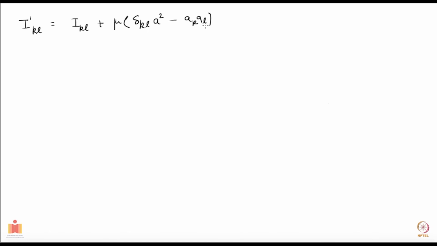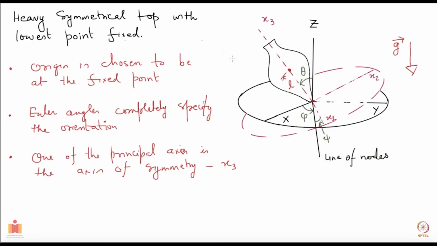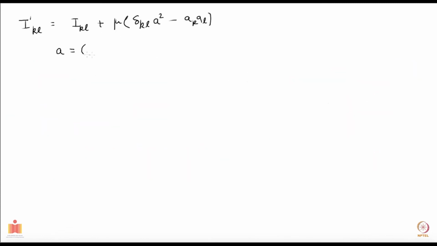And what is vector A for me? Vector A is along the x3 axis, right? So its component along x1 is 0, along x2 is 0, and along x3 it's L. So your vector A is (0, 0, L).